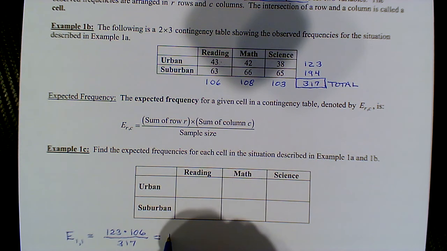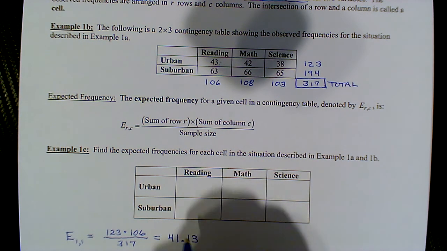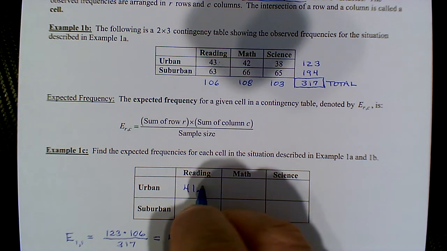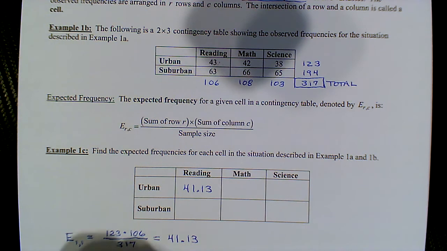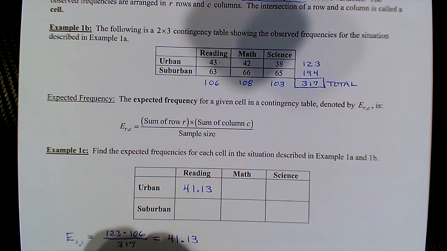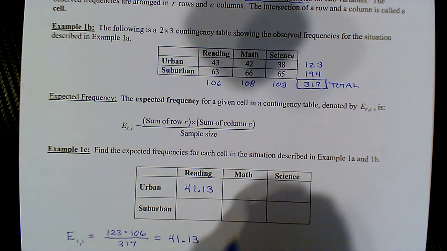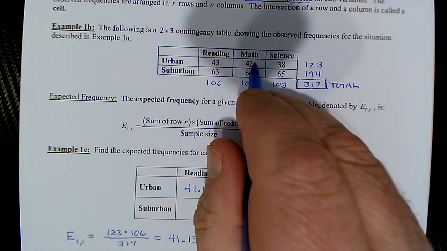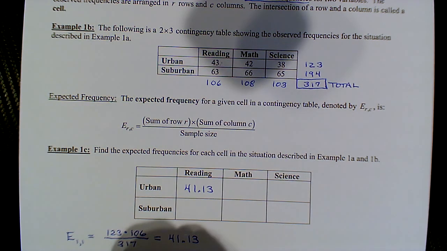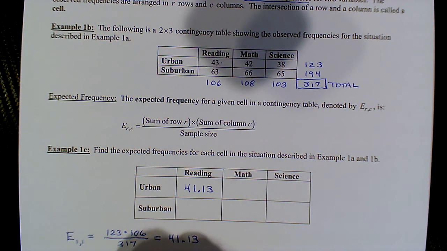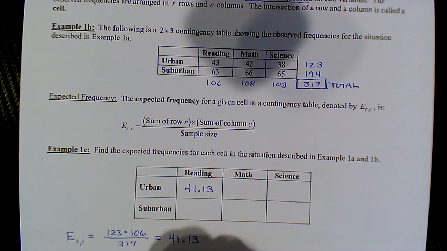And if we crunch that out, we get 41.13. So 41.13 for the urban reading people. For the expected frequency of the first row and the second column, it would be the row sum for that entry of 42, and that corresponds to 123 again, times the column sum, now that's 108, divided by the total, 317, and that gives 41.91.